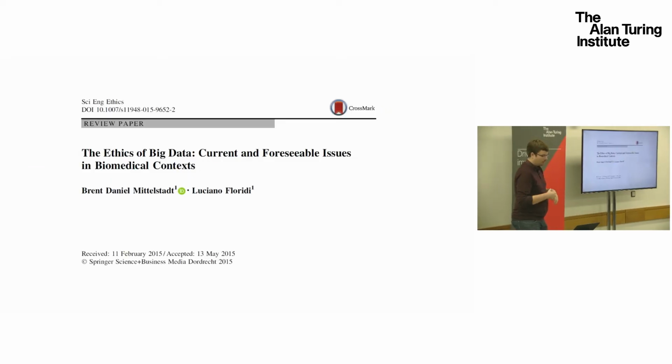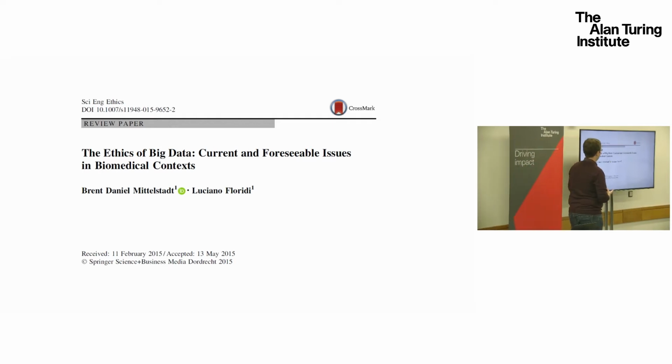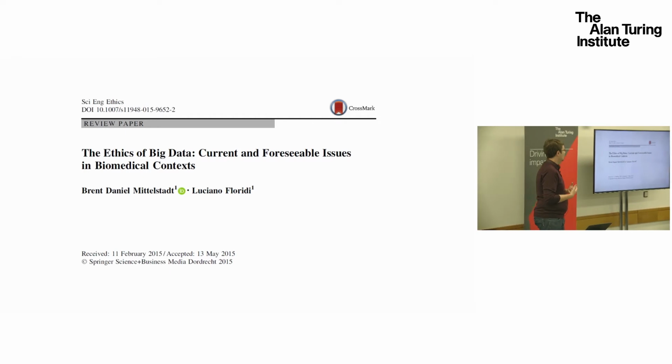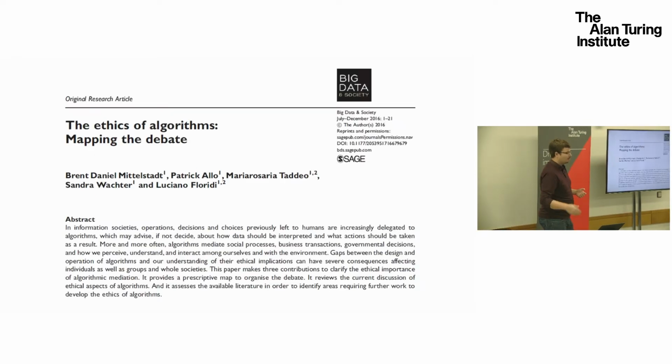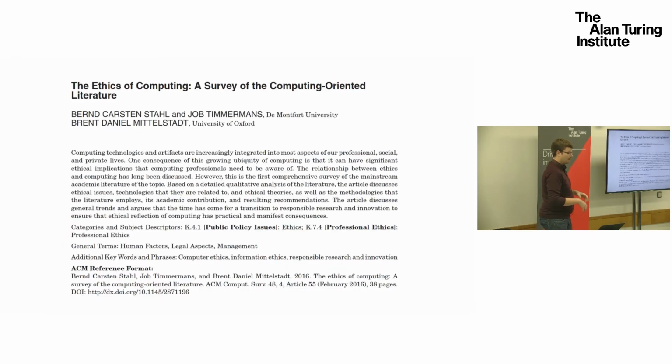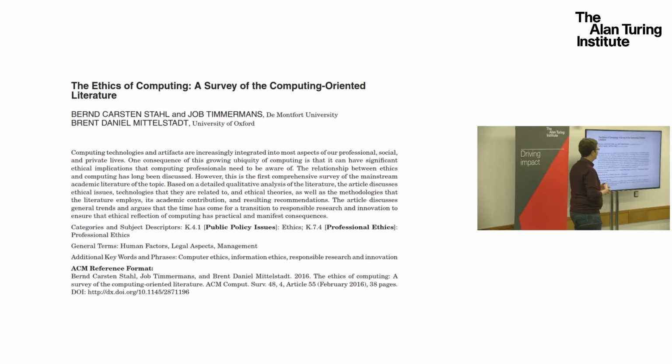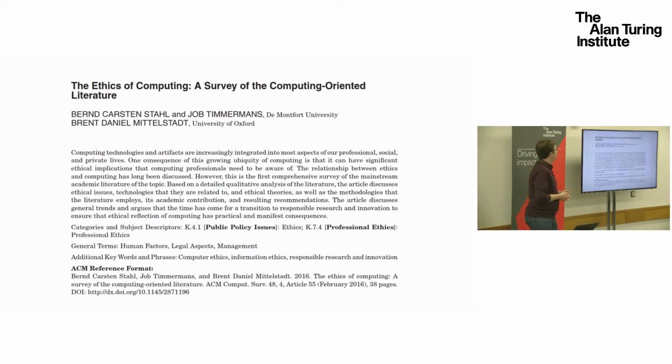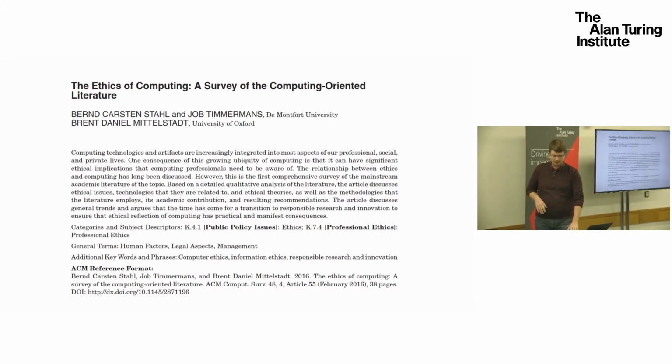There's also a paper I did a couple of years ago called The Ethics of Big Data, essentially a review of ethical issues in relation to big data specifically. There's another one that came out last year about the ethics of algorithms. And then finally a survey of computer ethics going back to 2002 that was released a couple of years ago as well. So these are good resources if you're looking for more detail about the things that I might skim over today.